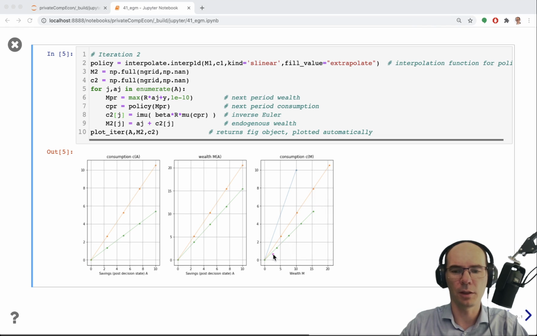And now look at the fact that this is wealth, right? Now wealth was defined at these points on the previous iteration, but on this iteration, this grid over wealth moved a little bit. And this is a visual illustration of how this endogenous grid works. The grid over wealth moves between the iterations. It's the grid over A, over the parameter, that is fixed in each iteration.